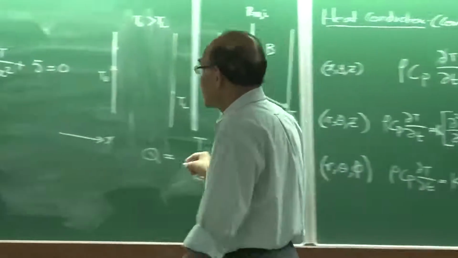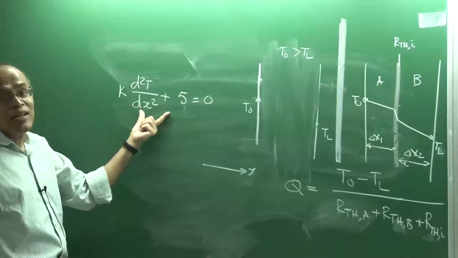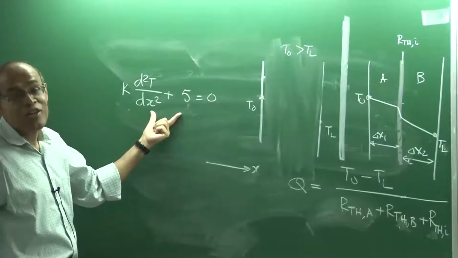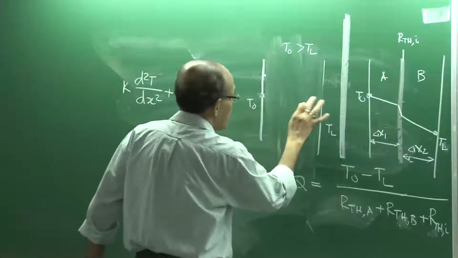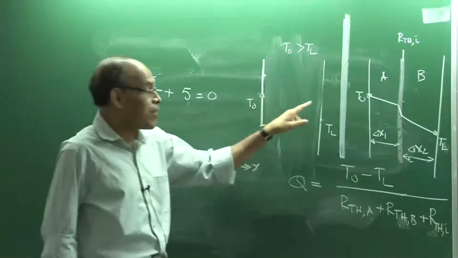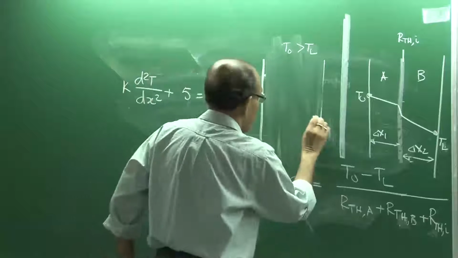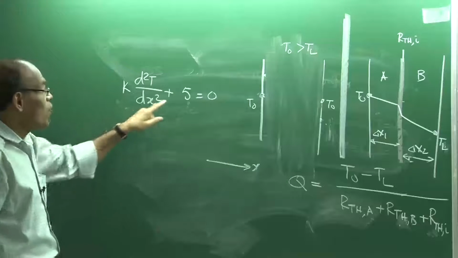So, if you solve this equation, no more are you going to get a straight line, you are going to get a quadratic equation. Okay? And if I say that both the surfaces are maintained at the same temperature, this is also T0, this is also T0, in that case what are we going to see?